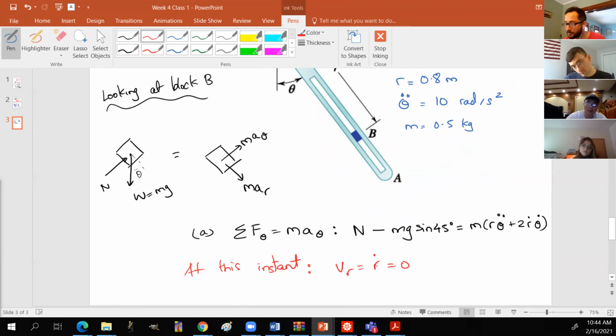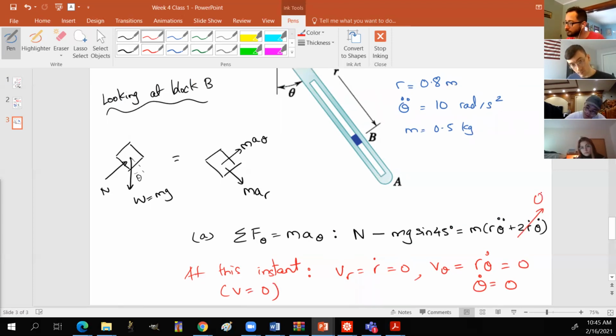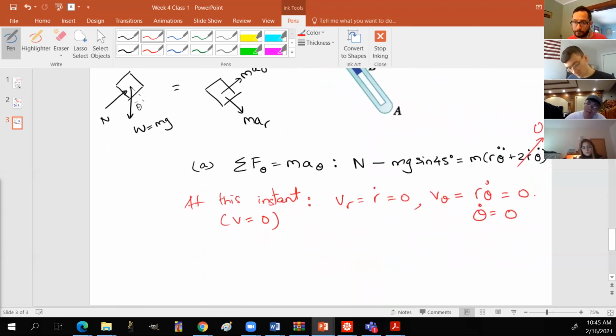So v_r, which is r dot, is equal to 0, and v_theta, which is r theta dot, is also equal to 0. So not only is r dot equal to 0, but from this expression at this particular instant, theta dot also has to be equal to 0. So this whole term here just goes away. Is that clear to everyone?